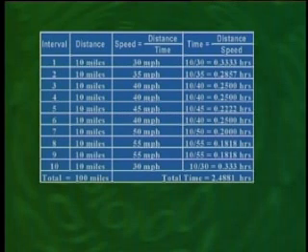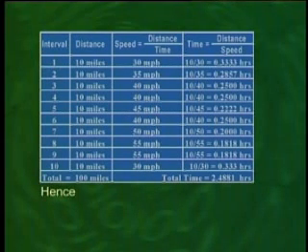Adding all these times, the total time taken to travel the 100 miles comes out to be 2.4881 hours.